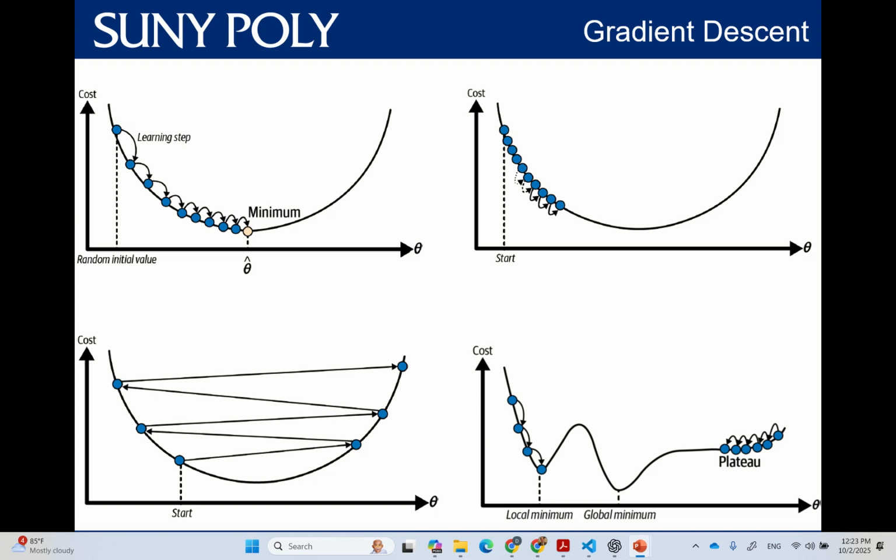So let me give you a little bit of intuition about gradient descent. This is the function that we want to minimize, right? The error, mean square error, let's say. So the idea is that we begin with a random initial value right here, and there is a learning step. Actually, that's a hyperparameter that we need to tune, and it's going to start jumping. Now this moving from one point to the other is not random, because this algorithm is trying to optimize.